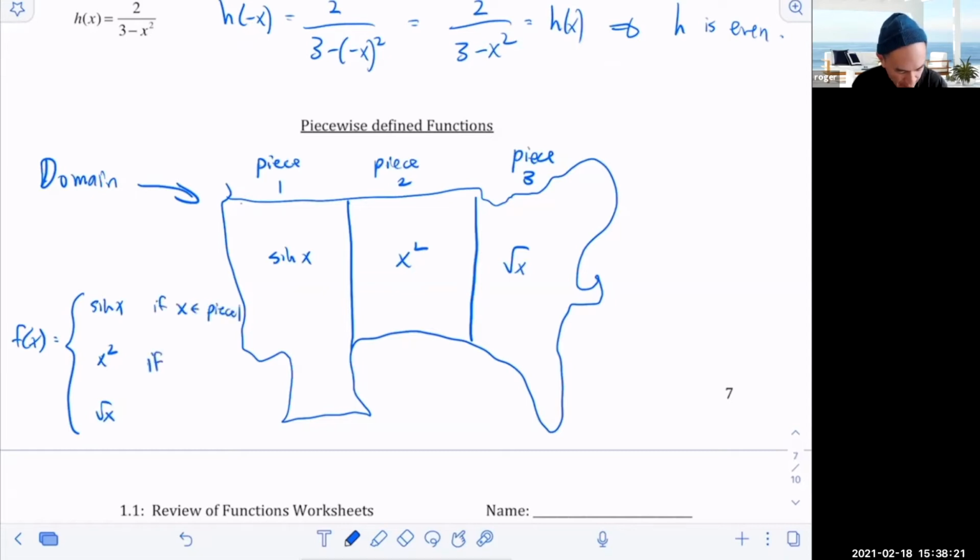This will be if x is in piece 2. This will be if x is in piece 3. Does that make sense? So the function is defined differently depending on where you are inside the domain. That's how a piecewise defined function works.